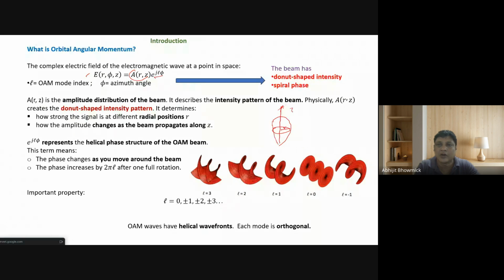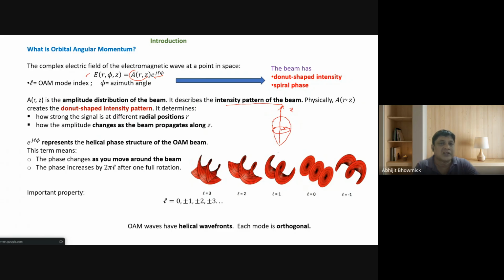I'll talk about it later one by one. So it's a function of r and z. That A(r, z) is the amplitude distribution of the beam. It describes the intensity pattern of the beam, and it creates the donut shape of the intensity pattern.